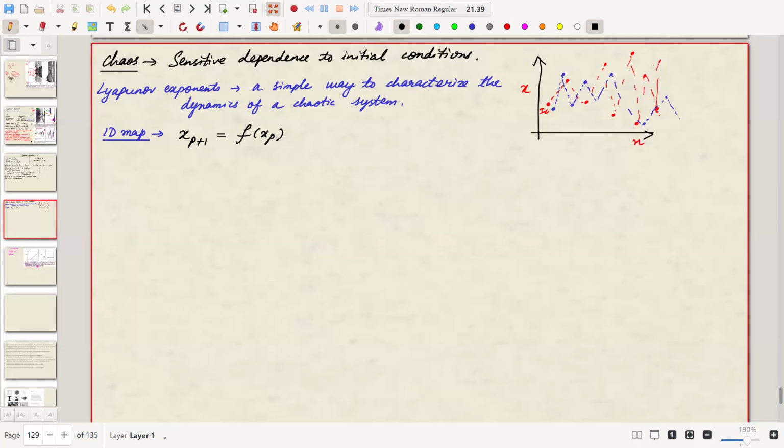This is the recurrence relation for the 1D map, how the dynamics occurs. And moreover, I restrict my x values to only lie between 0 and 1.